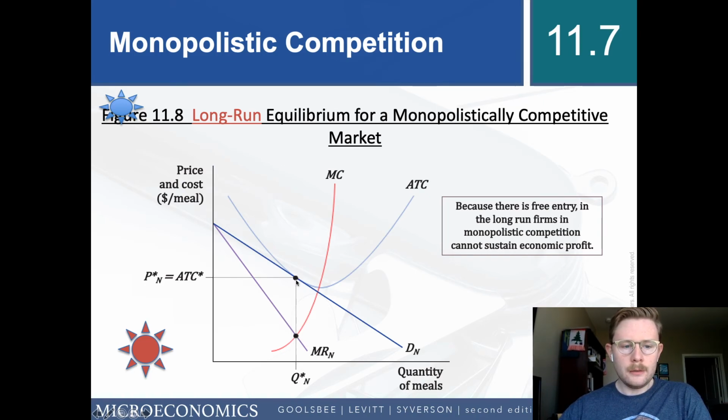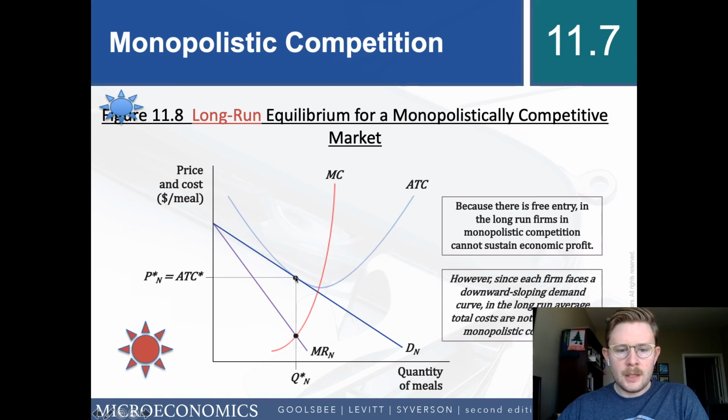Draw the line up to the demand curve, and this is our price. But since the average total cost curve is now tangential to the demand curve, the quantity price equilibrium point meets here, and there's no economic profit to be made.